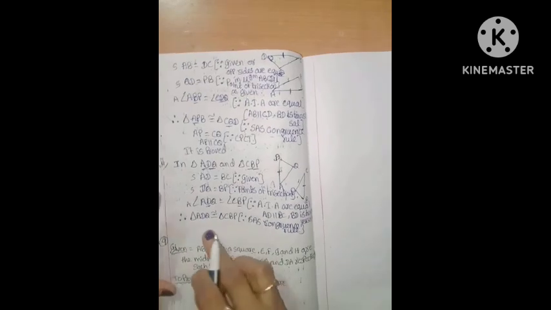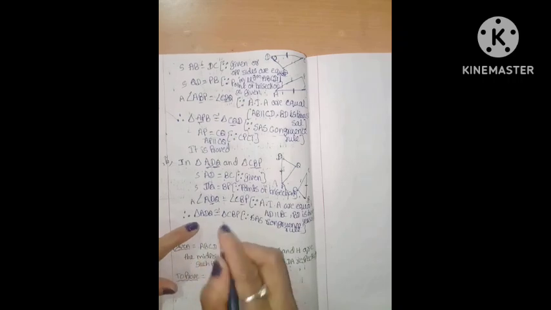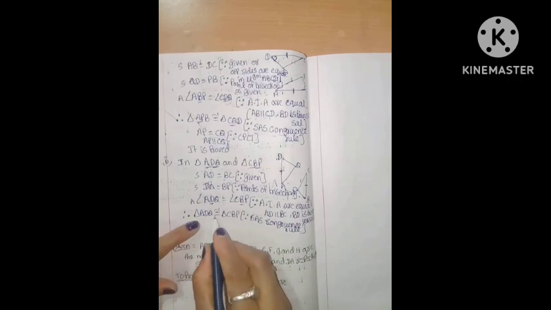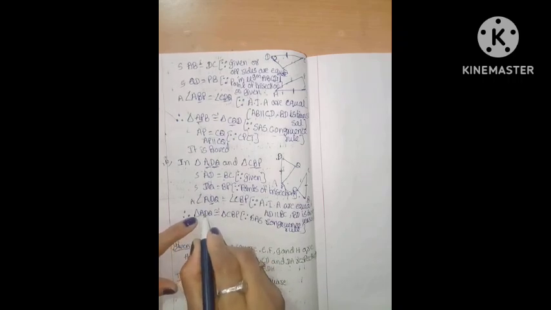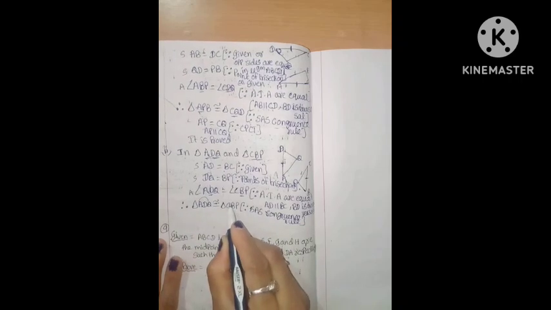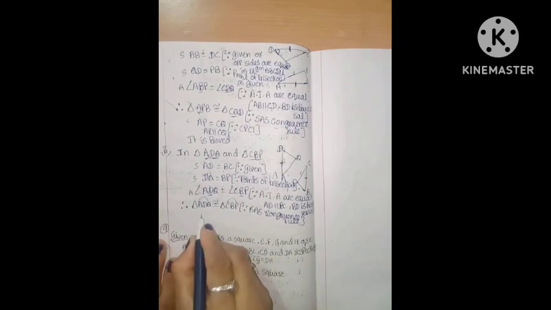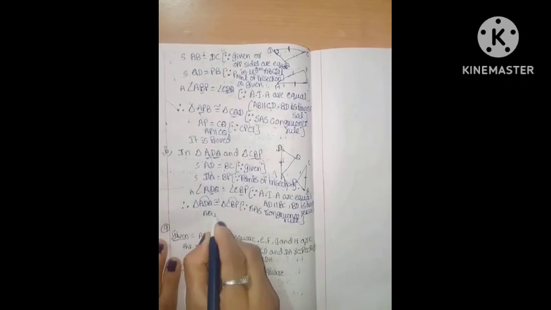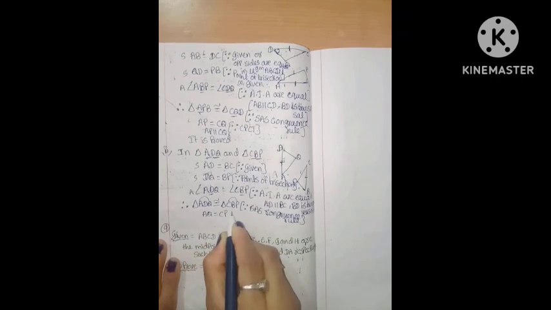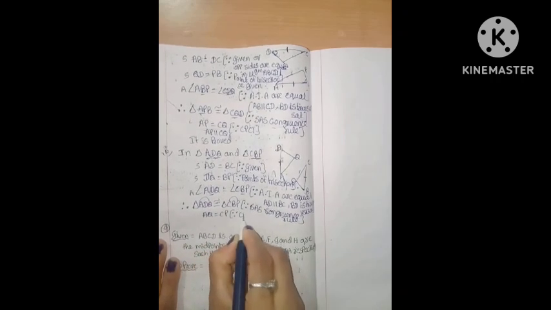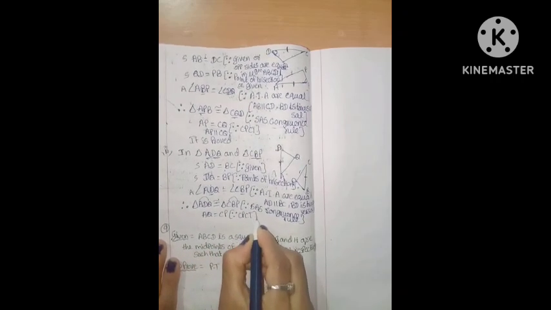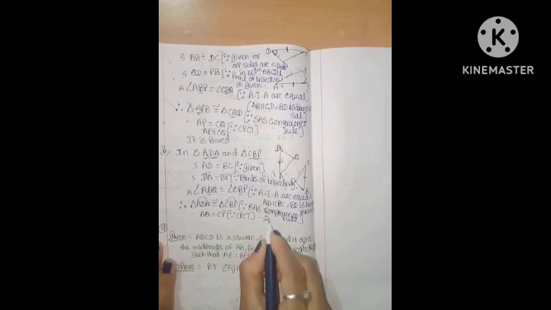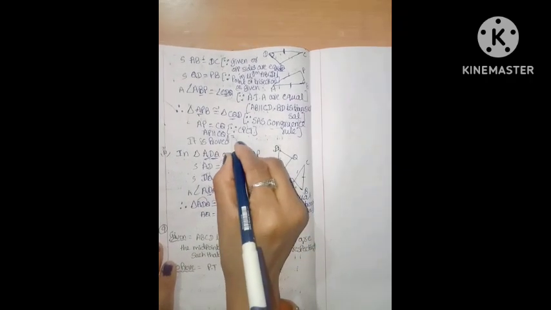Whenever two triangles are congruent, CPCT is also equal. What is CPCT? AQ is equal to CP. Why is it equal? Since CPCT. This is equation number 2 and this is equation number 1.